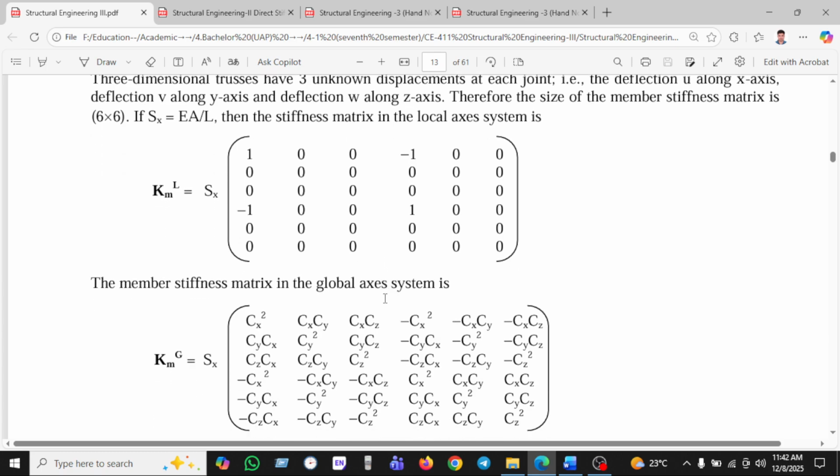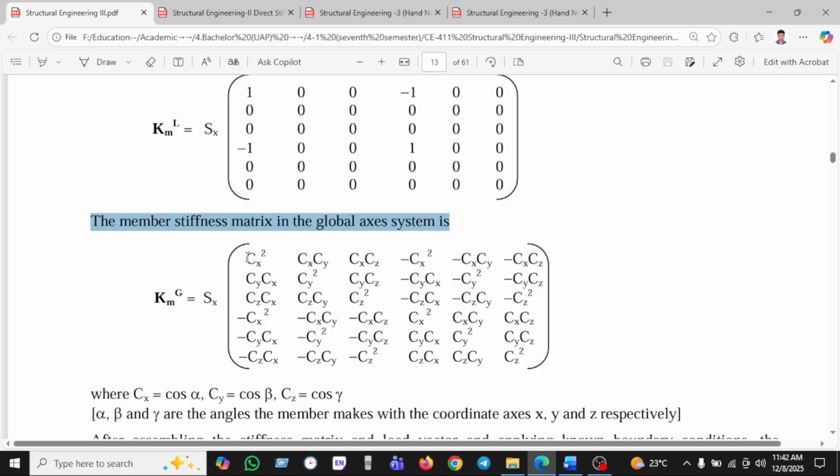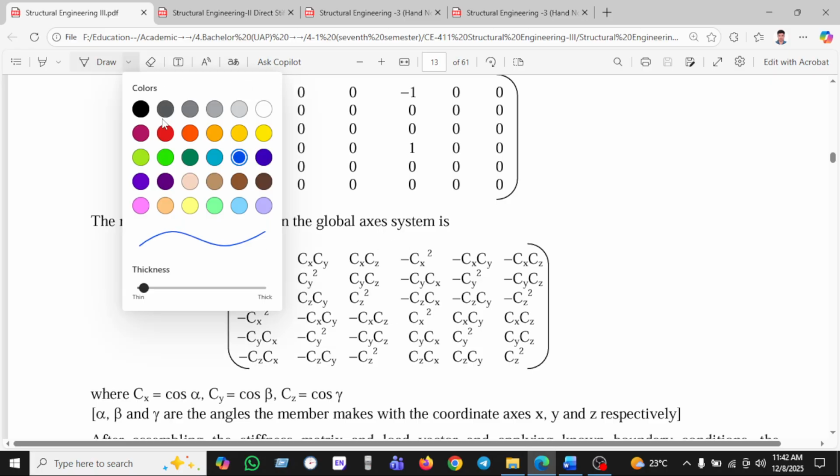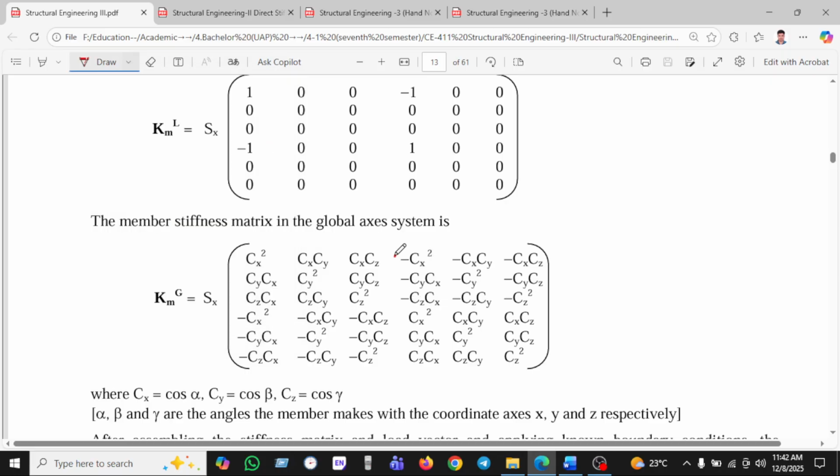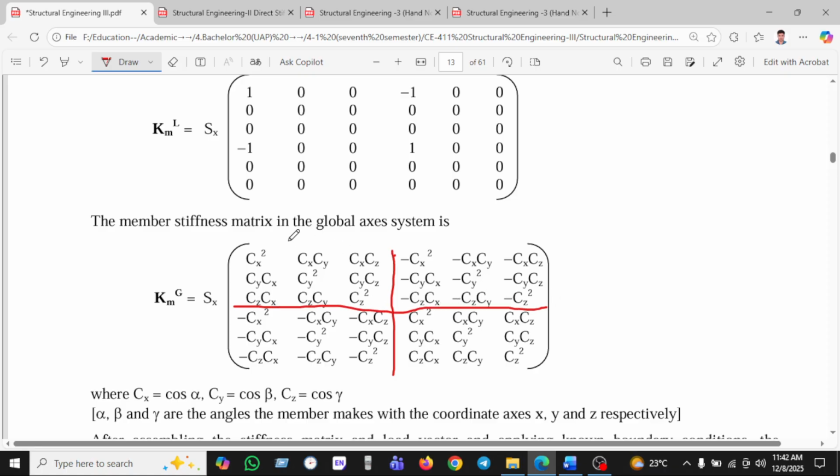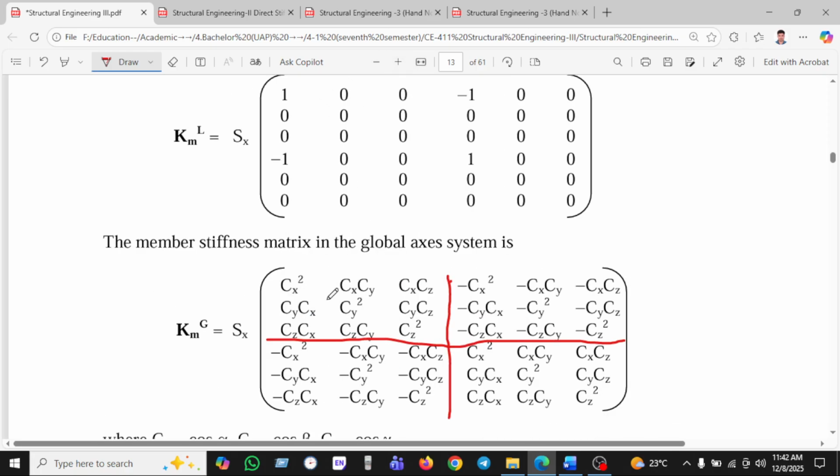The member stiffness matrix in global axis system has entries cx square, cx cy, and so on. If we divide it this way, at first we take only the x direction.